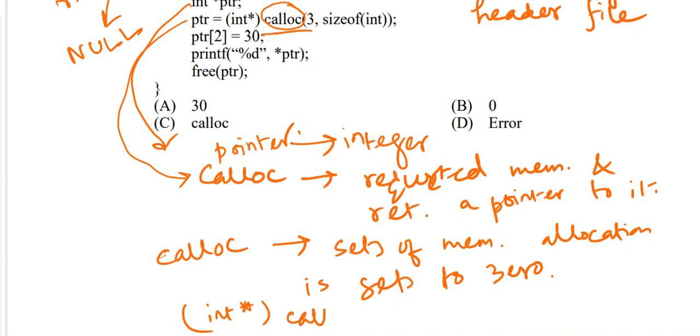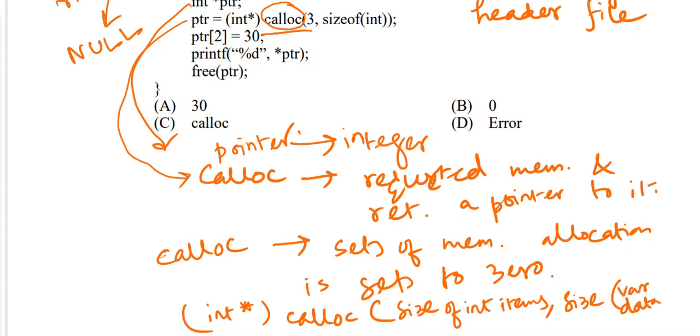So calloc takes the number of items, comma, the size of the data type, the size of the variable data type.